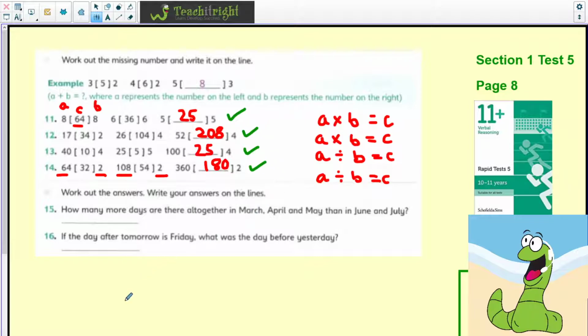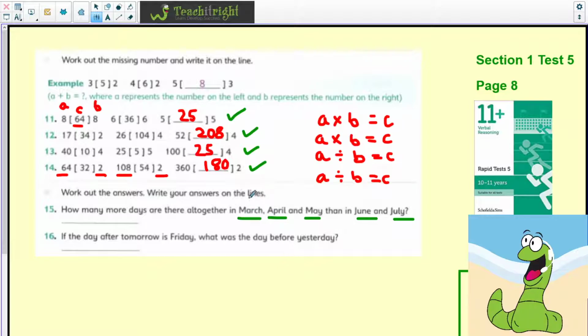Right, let's have a look at the next one. How many more days are there altogether in March, April, May, June and July? Hopefully you know how many days there are in all of these different months. You're going to need to do a little bit of adding up. March has 31, April 30, May 31, June 30, July 31.